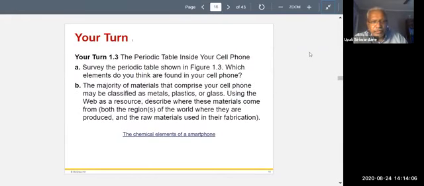Now you have to practice some of what you learned. In the periodic table given in the previous figure, which elements do you think are found in your cell phone? There's a list of elements that make up the compounds and materials in the cell phone.